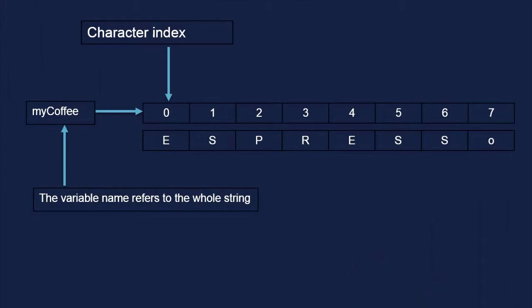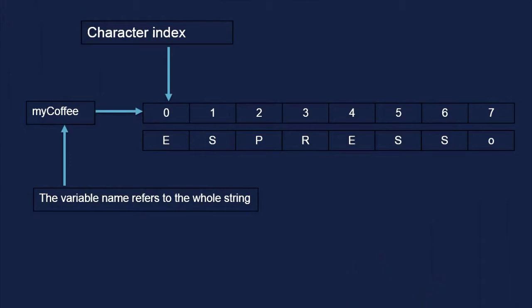The first character has an index of 0, the second character has an index of 1, the third character has an index of 2, and so on. This type of indexing is called zero-based indexing because the string indexes start at 0.